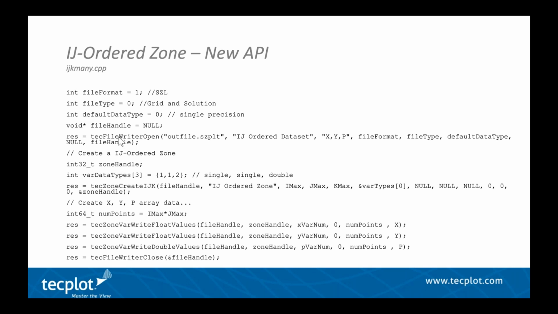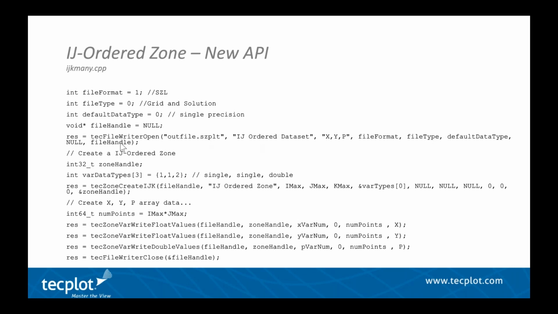So TecFileWriter Open, again, we're passing the file that we want to write to, the dataset title. The variable list here is now a comma separated list rather than a space separated list, which actually helps a little bit because we do have people who want spaces in their file names. So you couldn't do that with the old API. So nice little addition there.